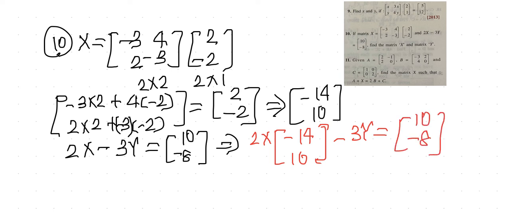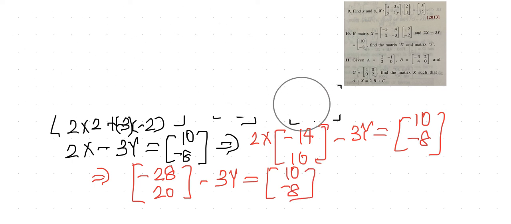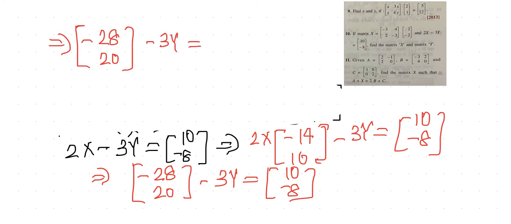So this implies minus 28, 20 minus 3y is equal to 10 and minus 8.